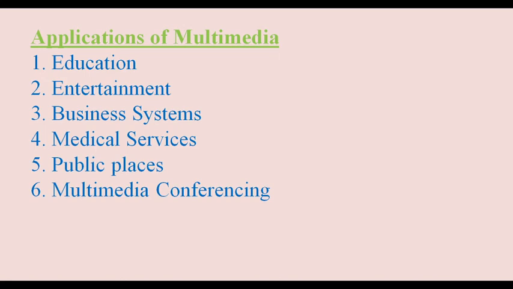To make their product famous, they are using multimedia. Nowadays we watch movies in cinemas, and in the gaps between the films they display their product advertisements to make their products famous.